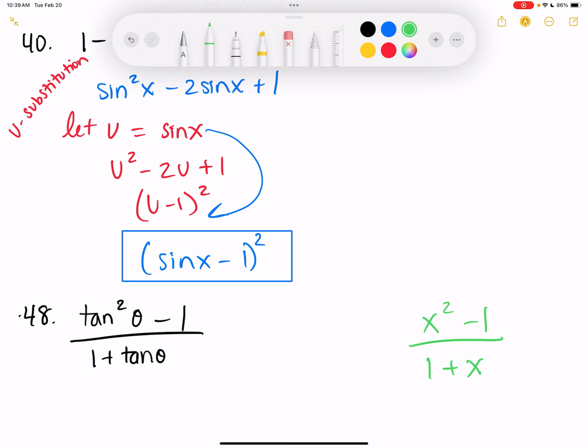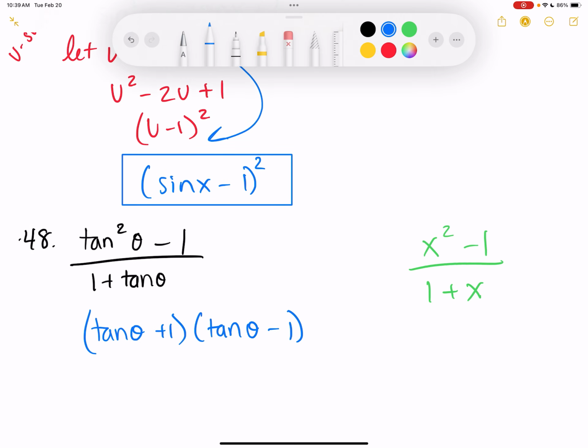What special type is that? Difference of squares. So this would factor into tangent of theta plus 1 times tangent of theta minus 1.